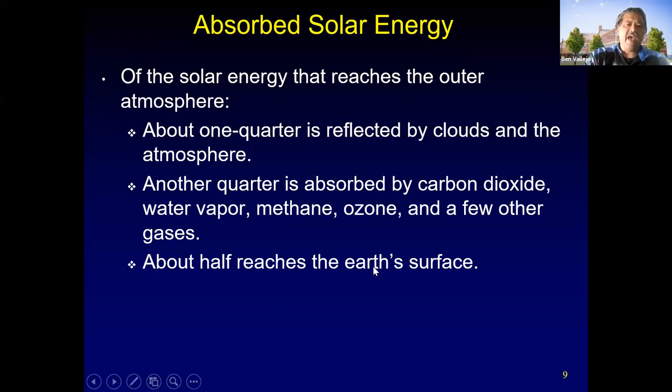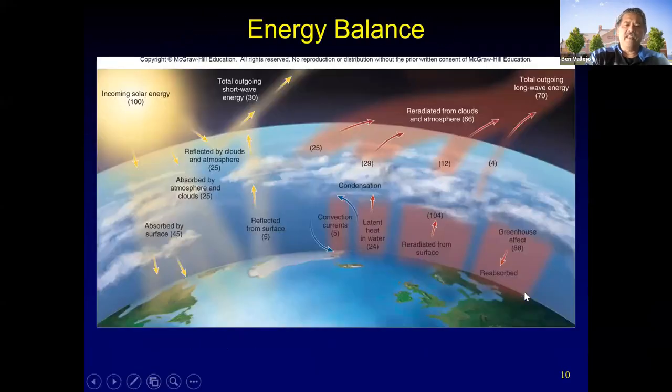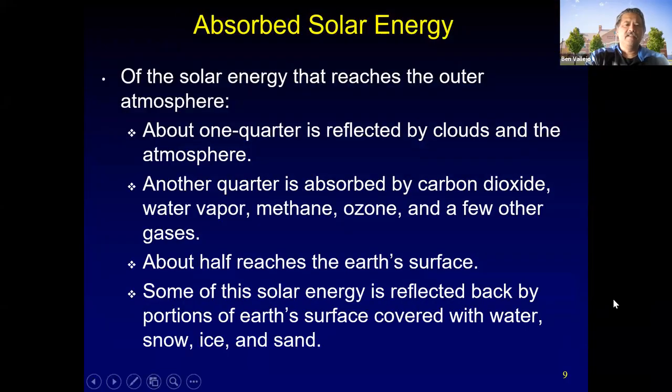And then it says about half reaches the Earth's surface, and then some of the solar energy is reflected back by portions of the Earth's surface. That's because different surfaces of the Earth reflect things differently.